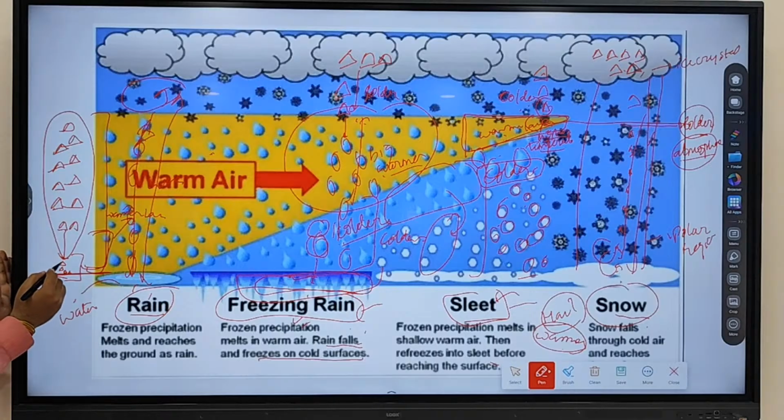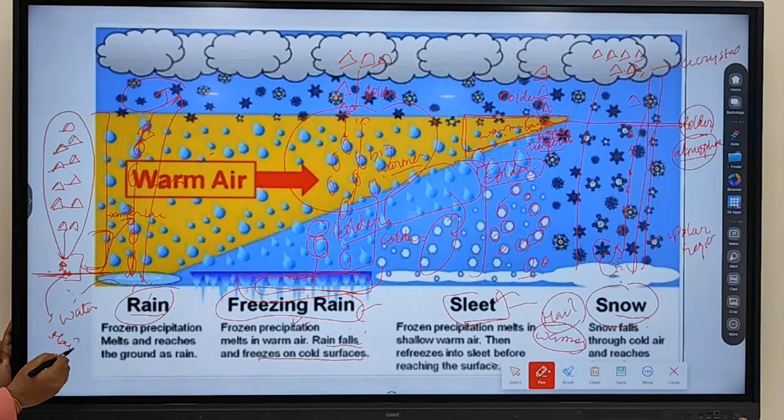So as a result, whatever ice crystals are there will not fully melt and will hit the ground in the form of ice. When they hit the ground in the form of ice, we call it hail. Sometimes when rainfall happens in India, some ice particles come down. Why? It is hail.